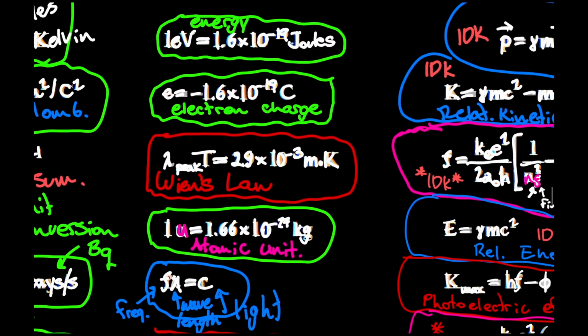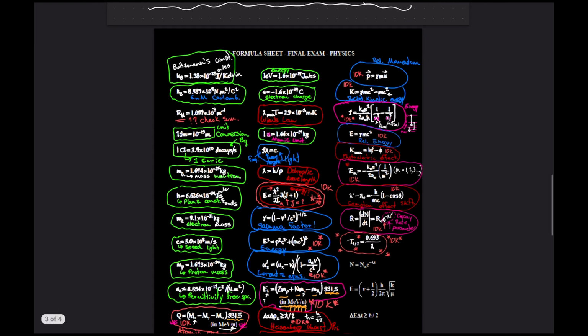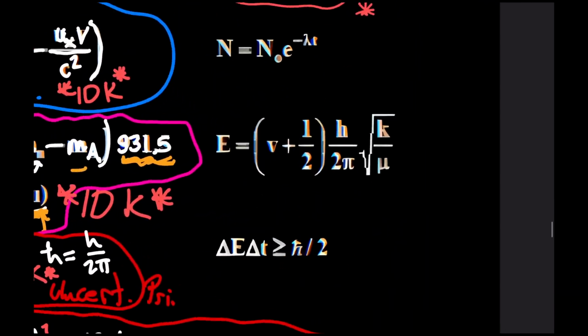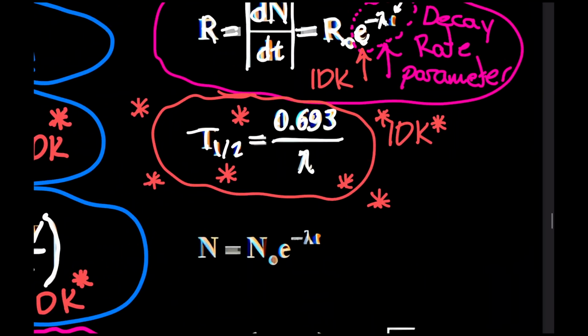I've done a video on it, Wien's law. You see here I have a lambda, don't worry about the peak, times temperature equals some number, but this number has units. It has units of meters Kelvin. So I'm not sure what's going on here. I also don't know why there's a 1/2 in the subscript of the t. But I don't know. I'm going to just leave it at that.